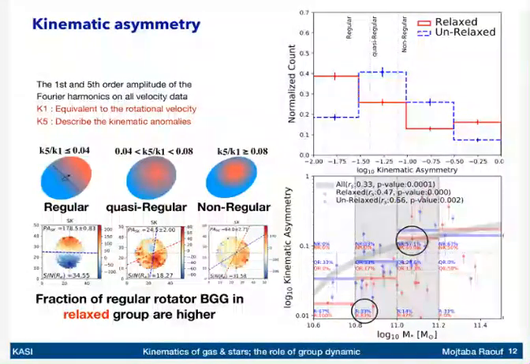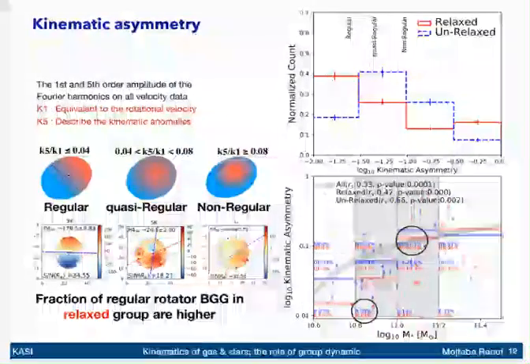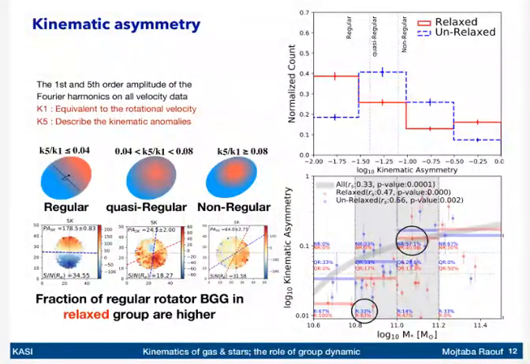You can see around 83% of the galaxies located in the bins of 10.8 to 11 are regular rotators for the relaxed systems, while the unrelaxed systems spread over a wide range of kinematic asymmetry, with the same fractions.